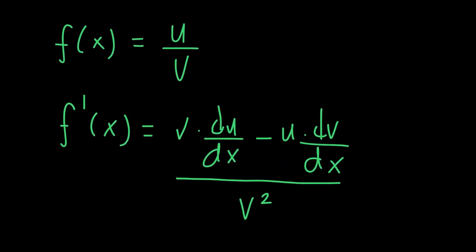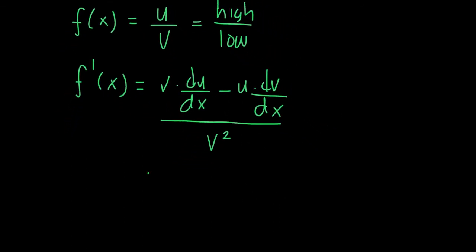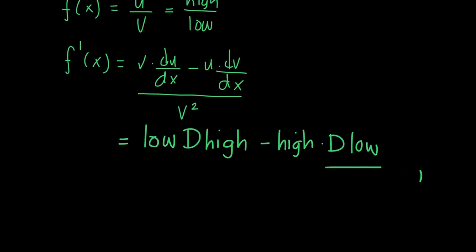Now in some references they write u and v as high and low. This is done so that they can easily remember the formula for the quotient rule. So using the high over low, this formula can be seen as low and then d high, meaning you get the derivative of the high, the numerator, minus high, the numerator u, times d low, meaning the derivative of the low, and then everything divided by the low squared.